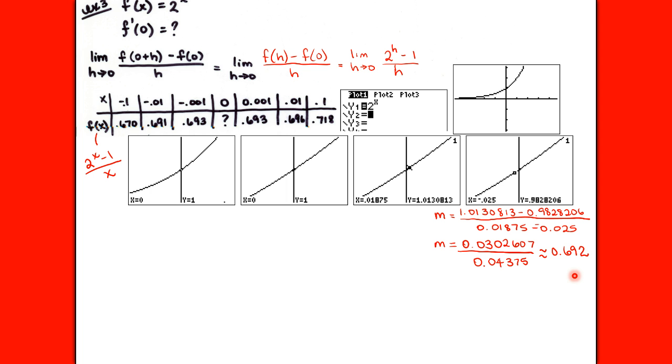Now, let me preface this with: your calculator can do a numeric derivative. It cannot do a symbolic derivative. Let me show you what I mean. Let's say we had a basic equation, f of x is equal to x squared plus 5x.